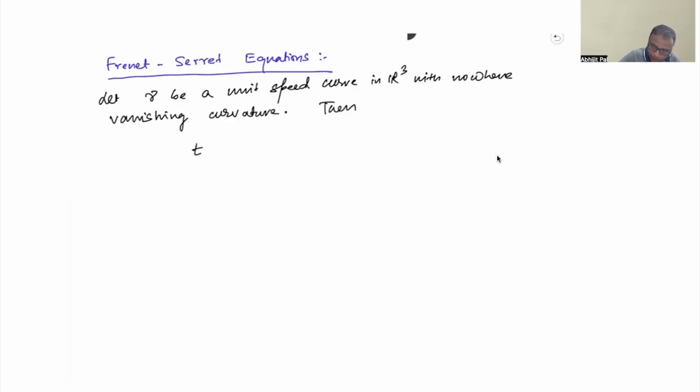T dot, where T is the unit tangent vector, is equal to kN, where k is the curvature.